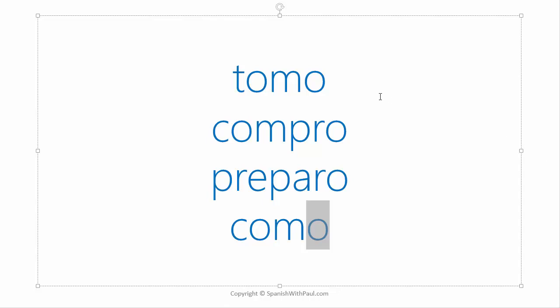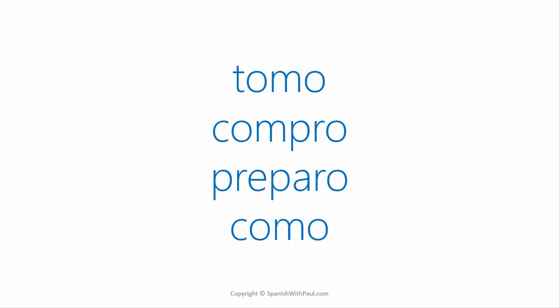Also remember that in each case, tomo came from tomar, we got rid of the AR and replaced it with the O. Comprar, again ending in AR, we replace it with the O. And then we had preparar, ending in AR, replacing it with the O. Then we got into our first ER verb in this video with comer, but the principle was the same. We knocked off the ending, the ER, and replaced it with the O. So this is the pattern for the present tense I.